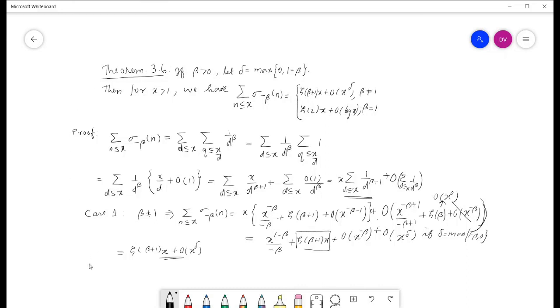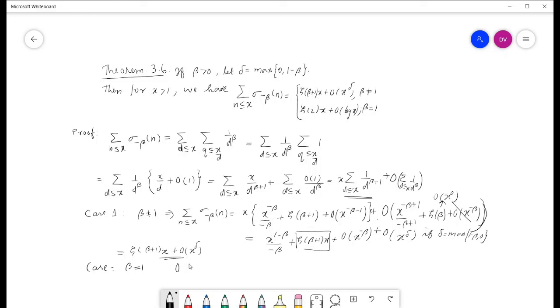Okay, in the case when beta is equal to 1, this term is exactly the same as this one. So this reduces to x times zeta of 2, and what happens to the other terms?